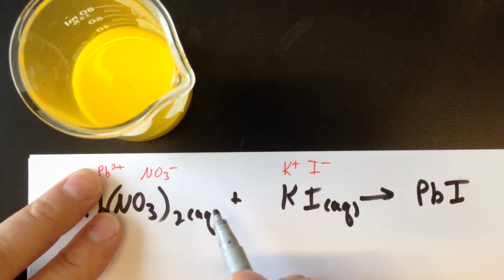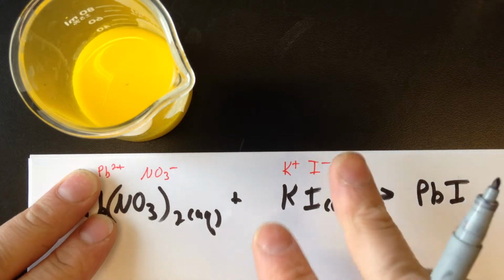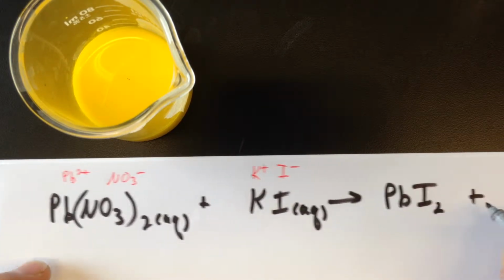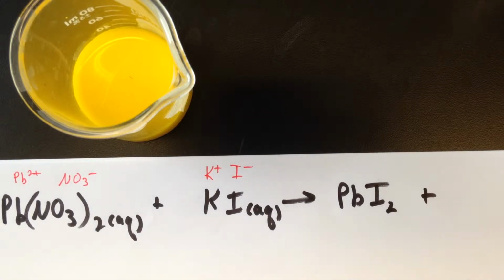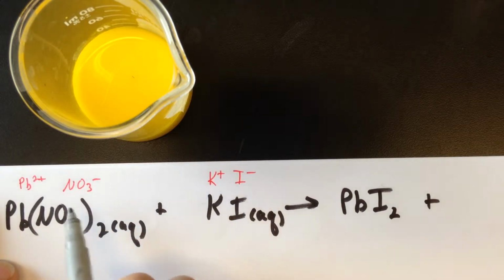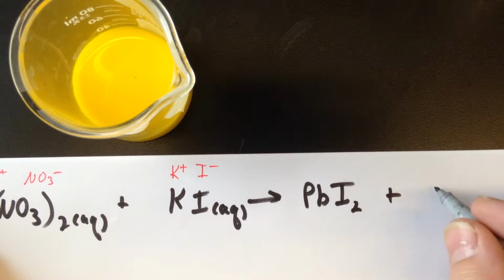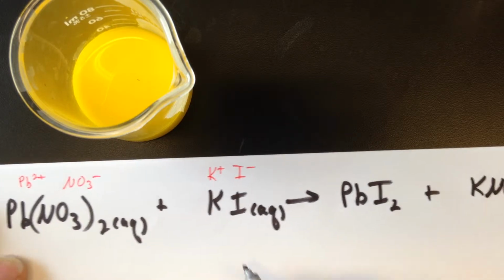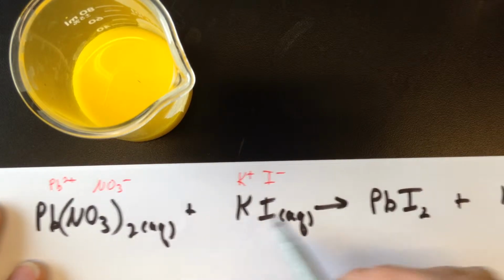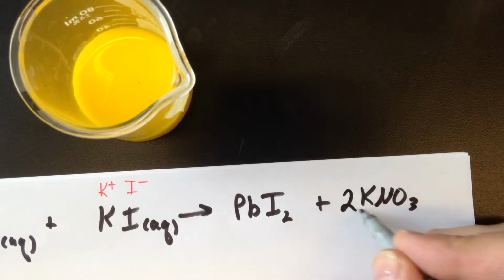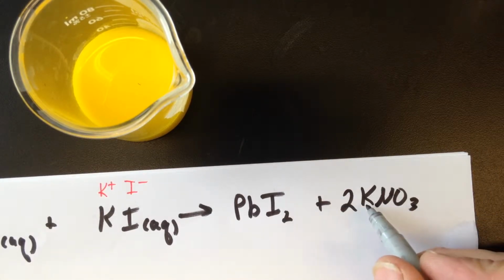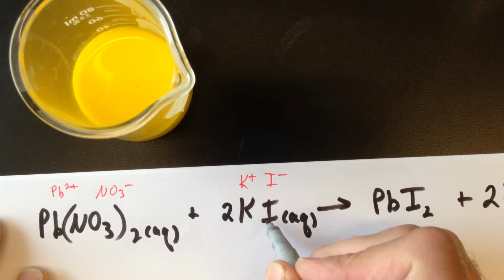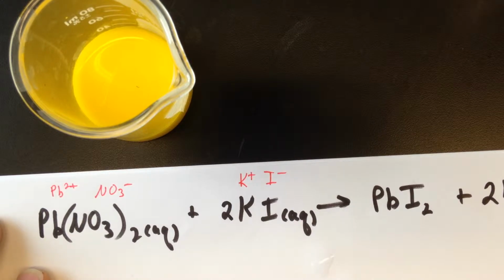Now this is worth 2, this is 1, so I need 2 iodides to make this work. And then combined with potassium, K plus, and nitrate, NO3, simply come to make KNO3. And over here I have 2 nitrates, so I need to put a 2 here for 2 nitrates, 2 potassiums, 2 iodides.